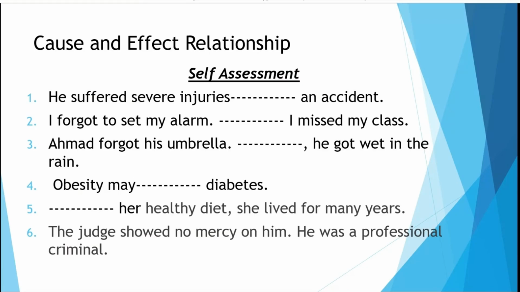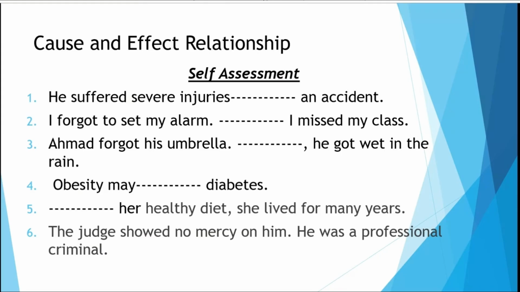Cause and effect relationship: you can also do some self-assessment if you want to, and you can complete these sentences by putting in any of the words that I have already explained to show the cause and effect relationship. First of all, you need to decide where the cause is and where the result is.